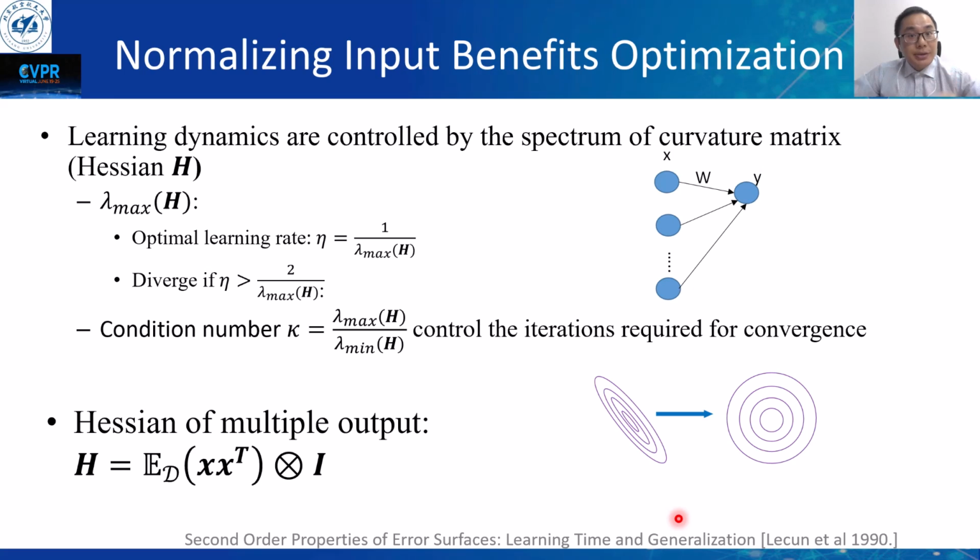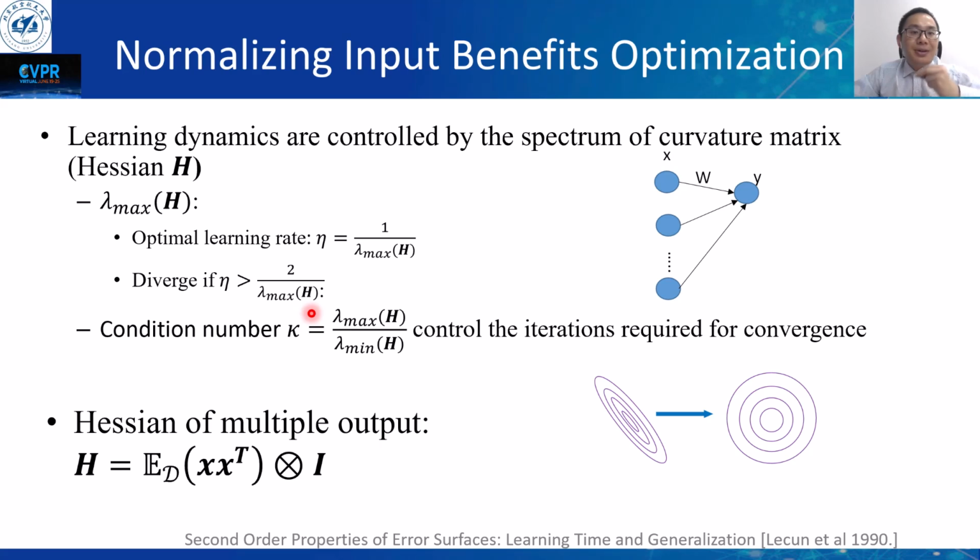There are more detailed conclusions showing how the learning dynamics for optimization are controlled by the spectrum of the Hessian matrix. For instance, the maximum eigenvalue of the Hessian matrix controls the optimal learning rate for convergence, and it also controls the upper bound of the learning rate. That is, if the learning rate eta is larger than 2 over the largest eigenvalue of the Hessian, the training will diverge.